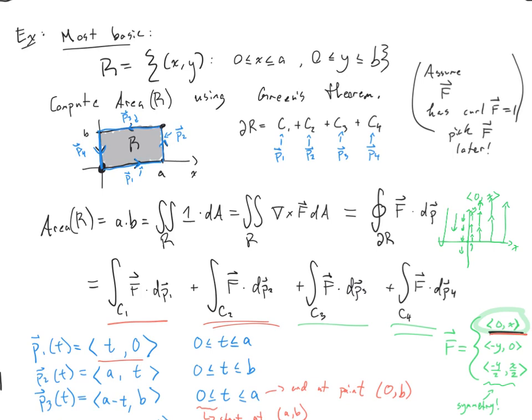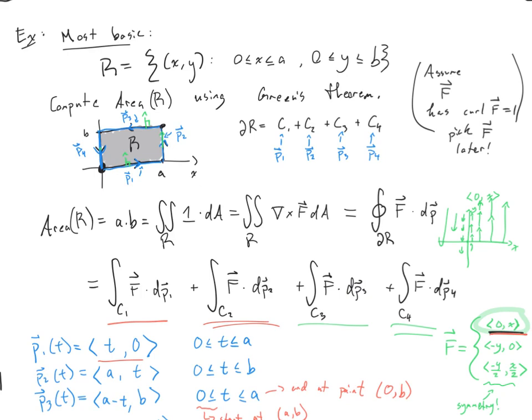So if you look at this rectangle. On P1, my vector field the whole time is orthogonal to P1, so there should be no flow. On P2, the vector field entirely lines up with it, so there will be flow. On P3, again, it is orthogonal, so there's no flow. And then on P4, it's 0.